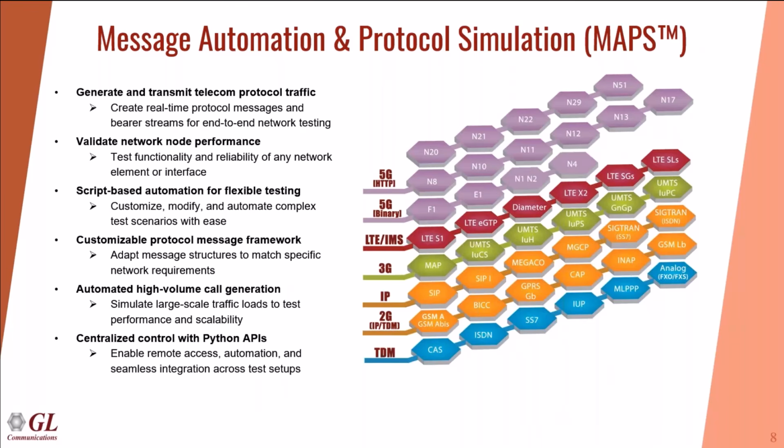This lets us bring up new interfaces quickly, inject both valid and invalid signaling, and observe how the network behaves under controlled and repeatable conditions. This is very useful in R&D, where the focus is more on message flows and IEs.